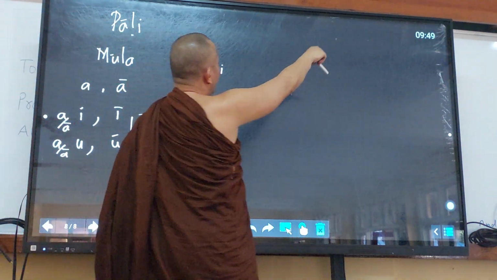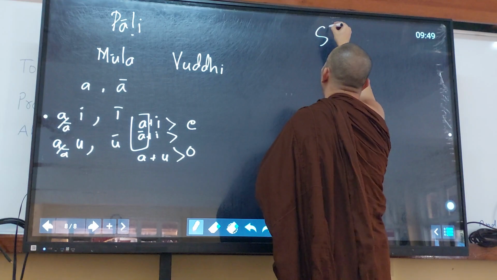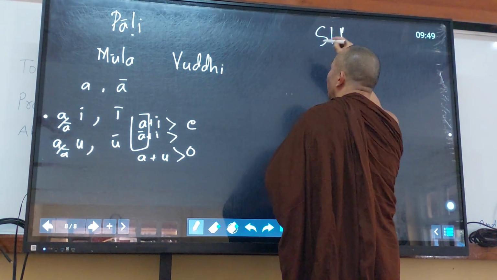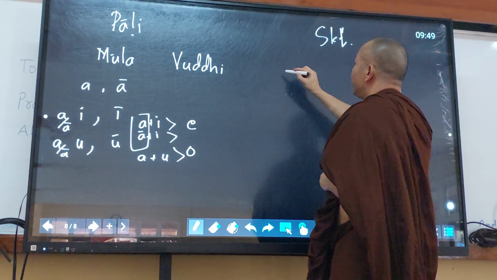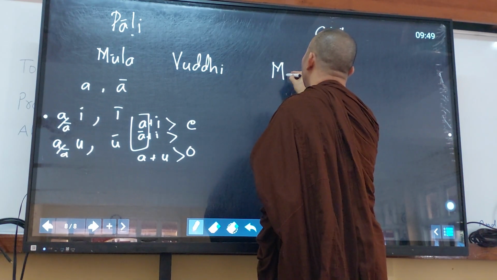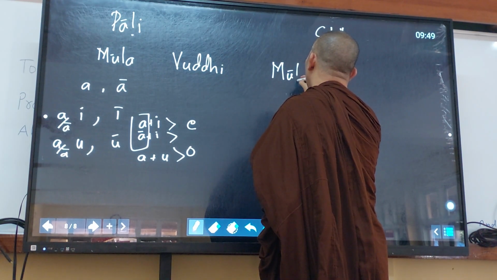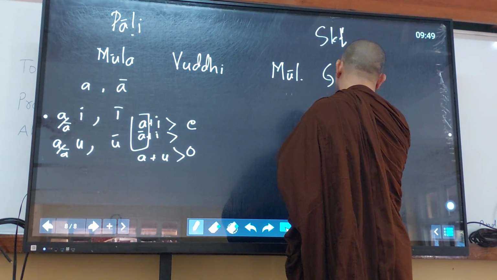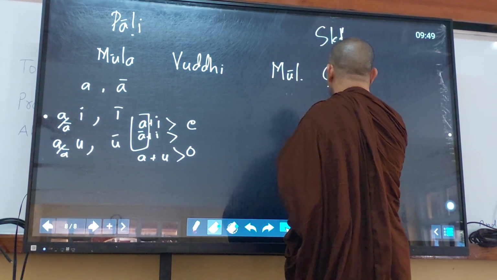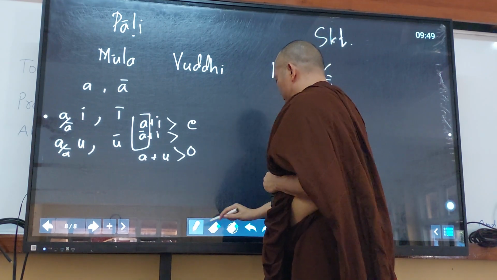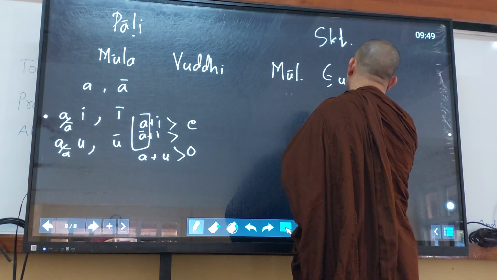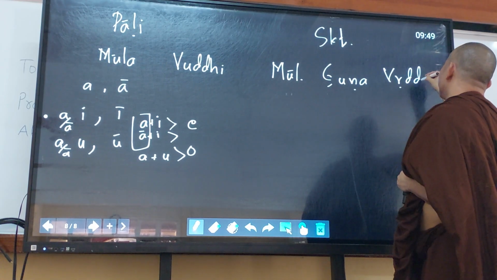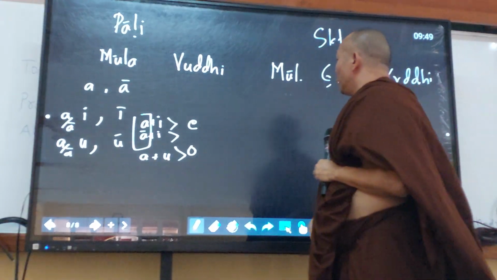But in the Sanskrit system, there is mula and the other one is guna, and then vriddhi.